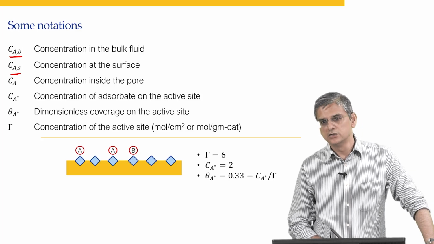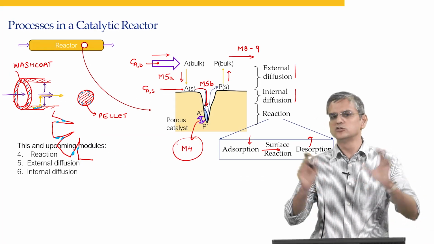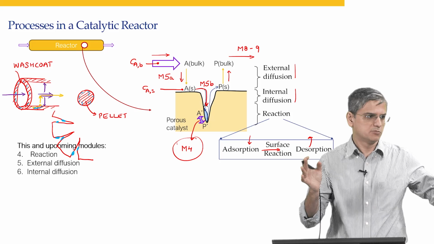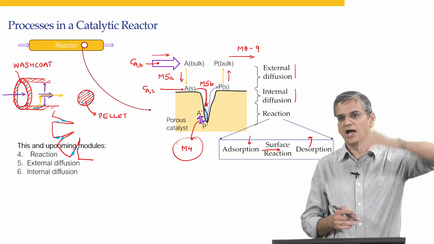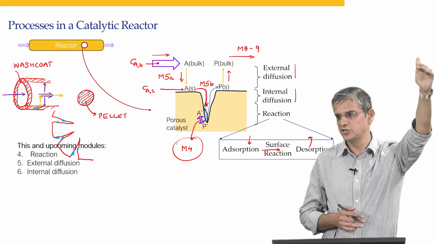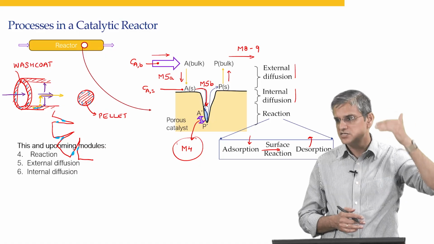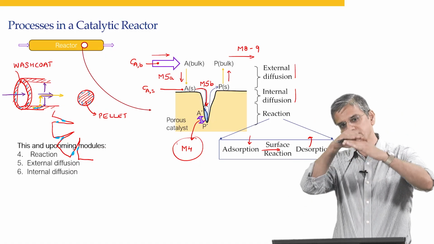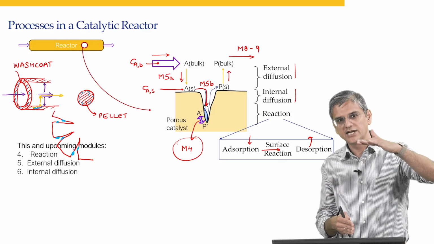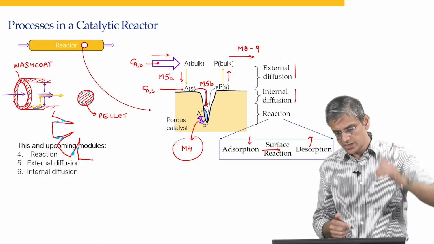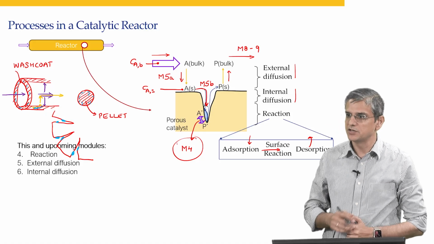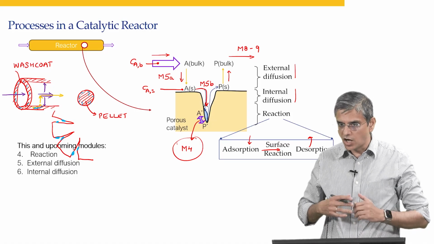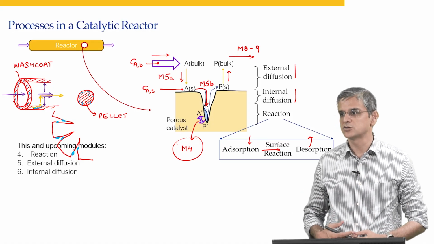CA is something that varies. In the bulk, CA takes the value of CAB, on the surface CA takes the value of CAS, within the pore CA varies from the surface right to the center of the pore. So, CA is a variable that varies along the catalyst coordinate.